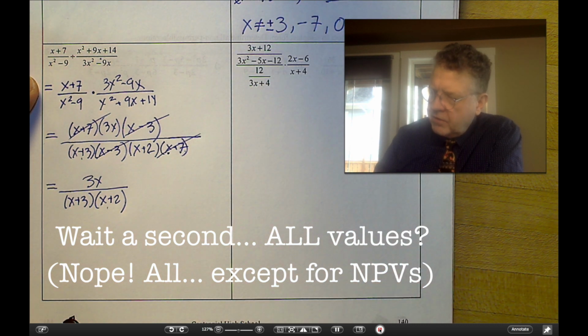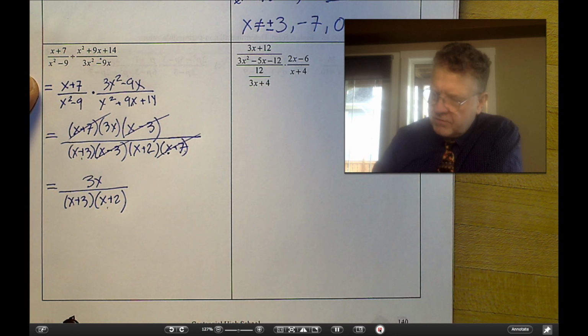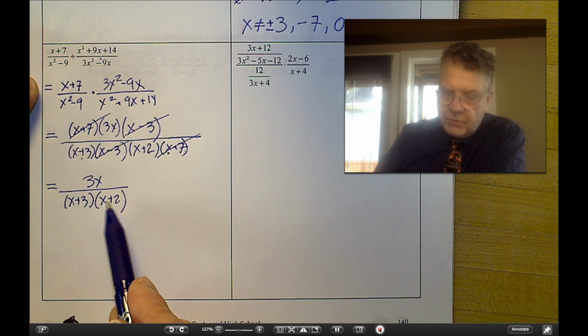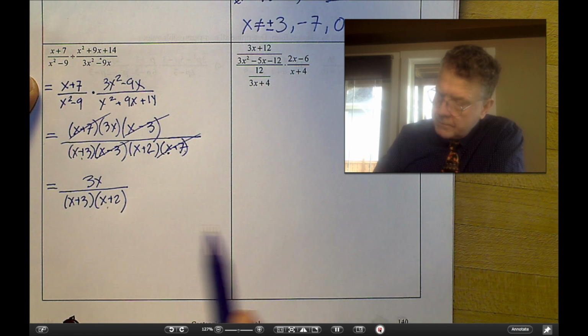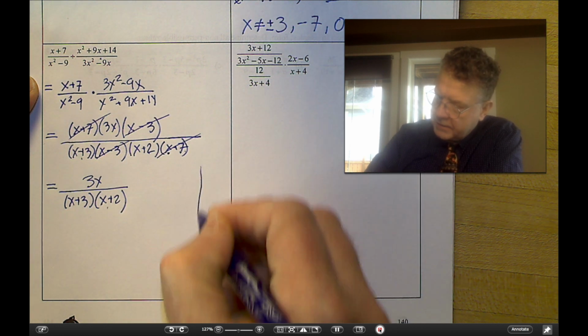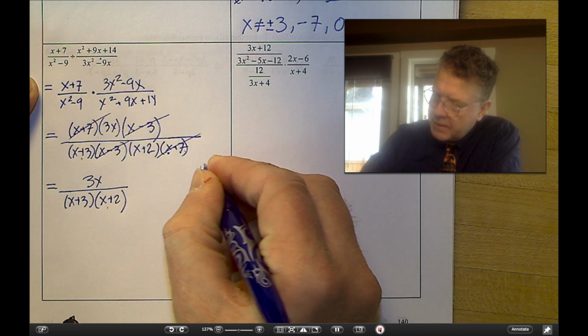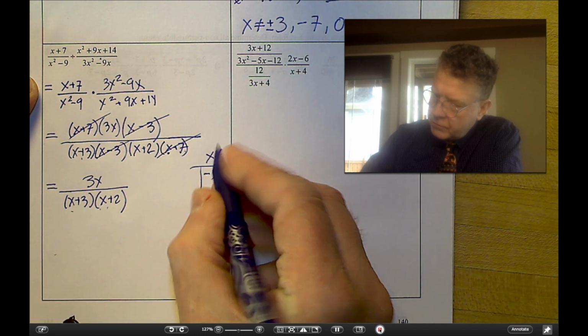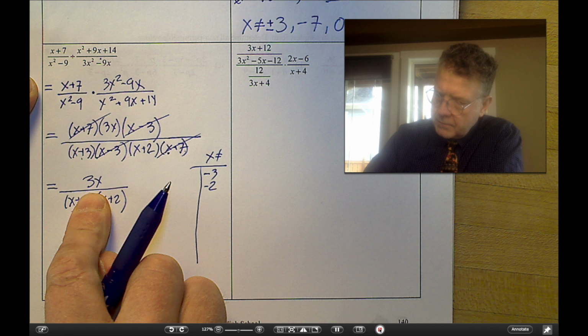All right, let's look at non-permitted values. Well, there's a whole bunch. There's going to be -3 and -2 here. So let's just keep a tally here, okay? x cannot be -3 or -2 because of this.